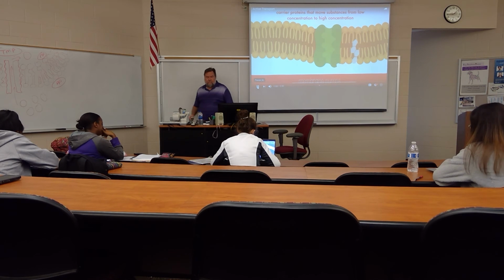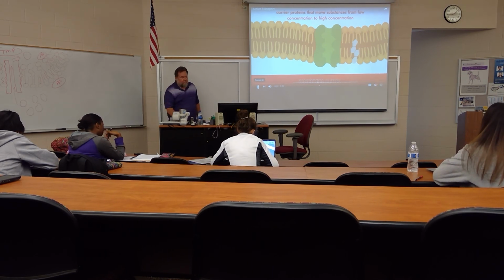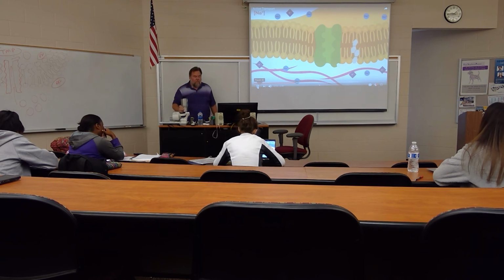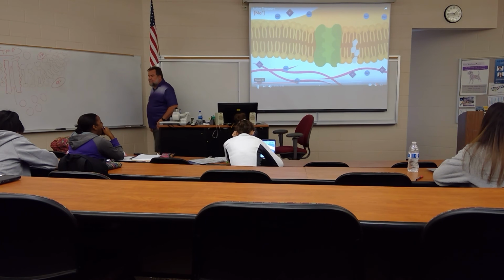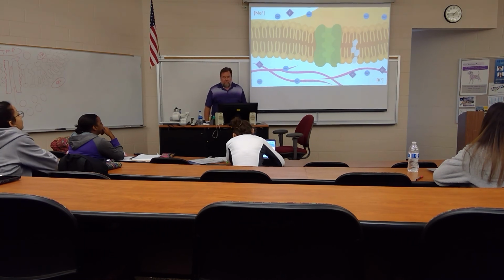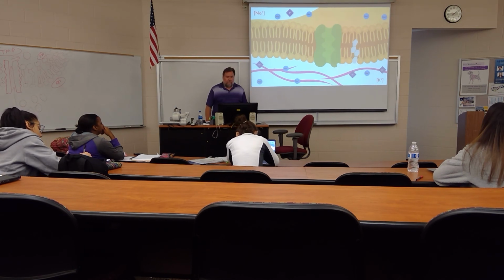Let's look at the sodium-potassium pump to see how it works. Outside the cell, there's a high concentration of sodium ion, or Na+. The brackets represent the word concentration. Inside the cell, there's a high concentration of potassium ion, or K+. The cell has ion channels that will allow these ions to diffuse and reach equilibrium, but the cell doesn't actually want that. It wants to keep a difference in concentration.